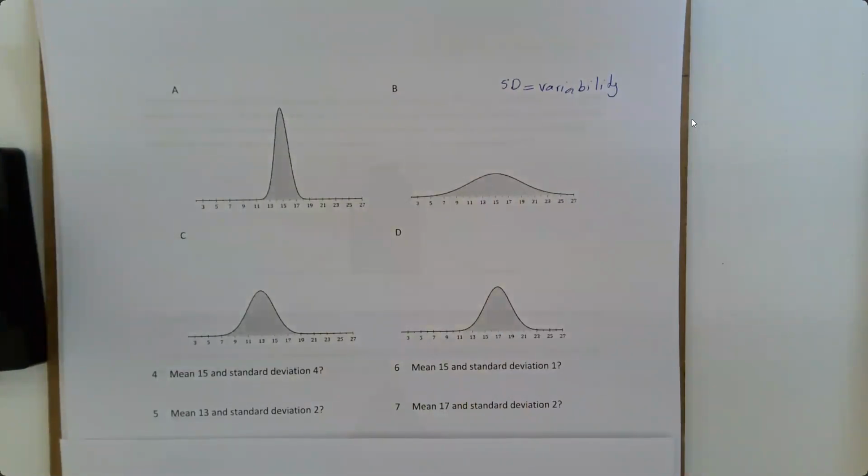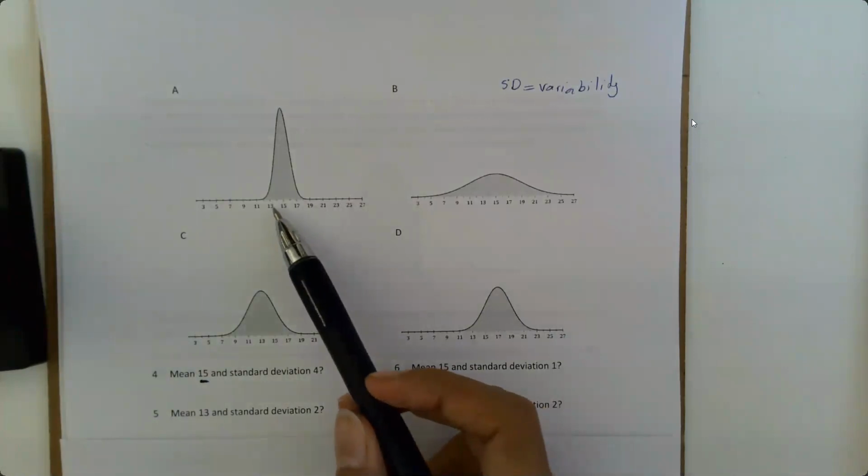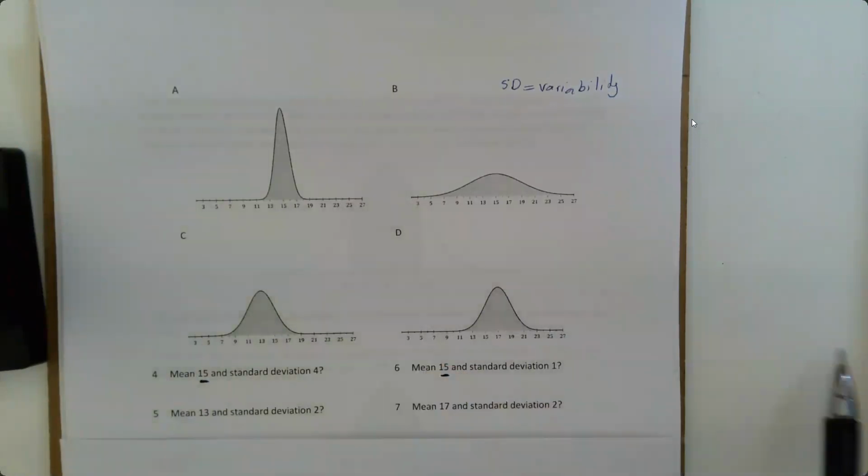The graph is centered around its typical value. So you should think that, well, between mean 15 and mean 15, there is no difference in these two numbers. Their means are both 15. The mean of the first graph is 15.